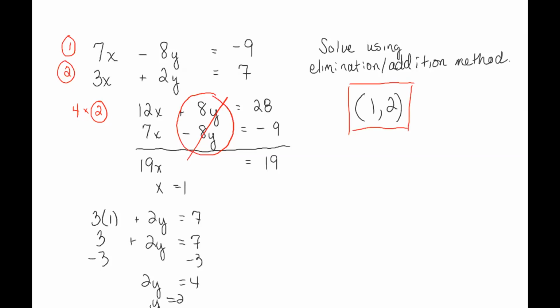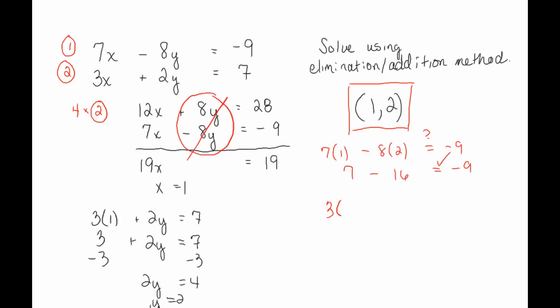And we can check. Notice if we do 7 times 1 minus 8 times 2, do we get -9? 7 minus 16 is -9. That one's good.